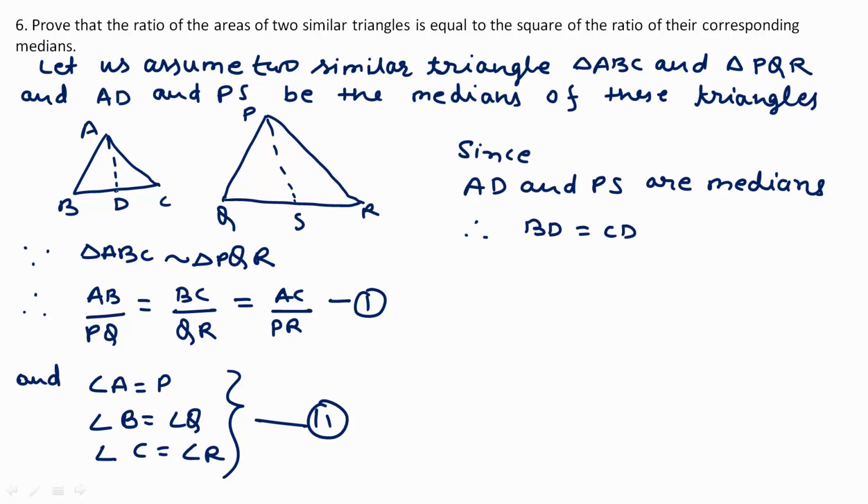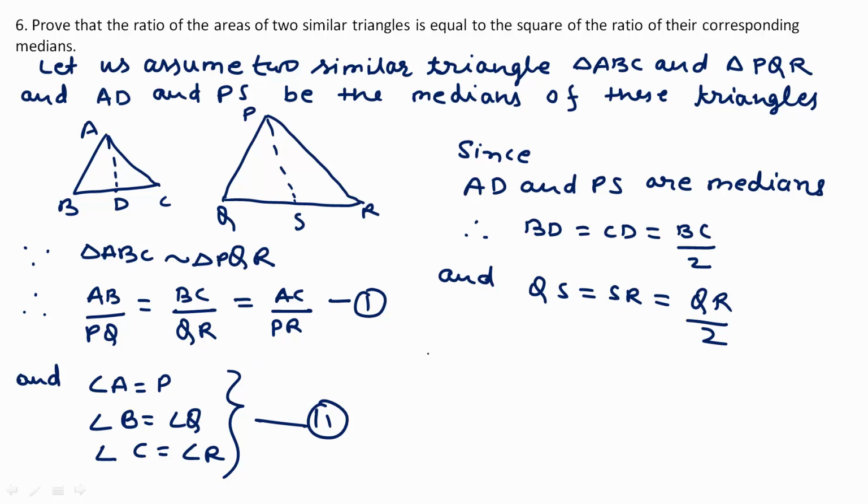Point D is the midpoint, so BD is equal to CD is equal to BC by 2, half of BC, and QS is equal to SR is equal to QR by 2.